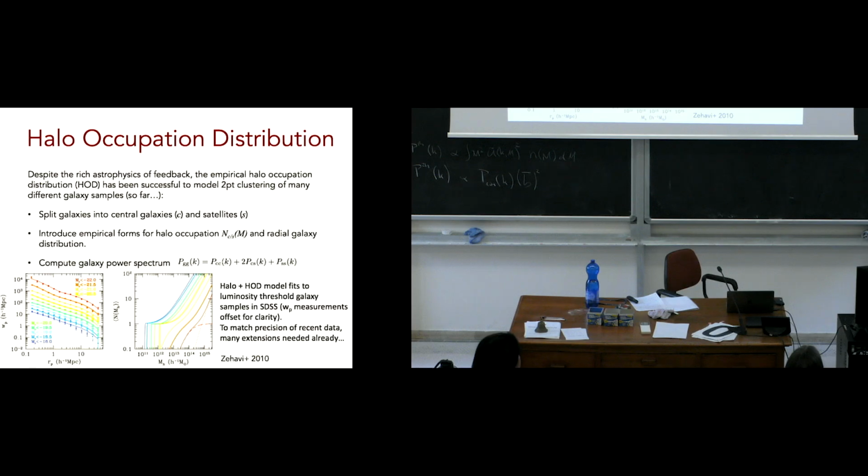Let's start with the most massive sample, which is split into a central occupation, showing that this curve here, in the case of a luminosity threshold sample, asymptotes to 1. And then once you form the central galaxy, there will be additional contributions. It will also have more and more satellites.